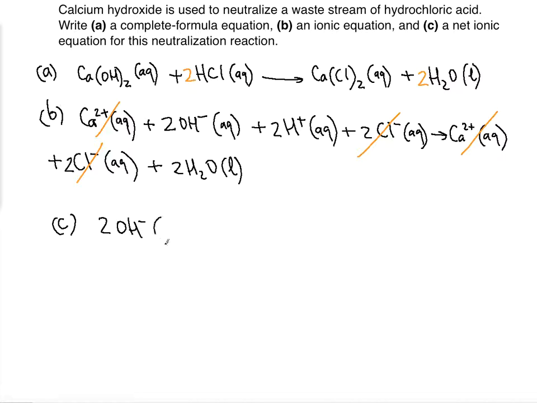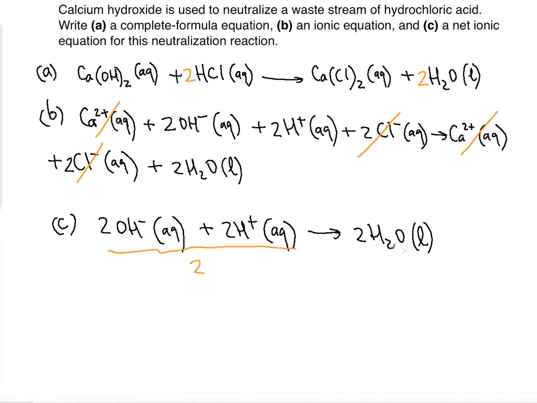So as a result, we have this 2OH minus plus 2H plus aqueous is equal to 2H2O liquid. But we need to divide both sides by 2 to get rid of these coefficients.